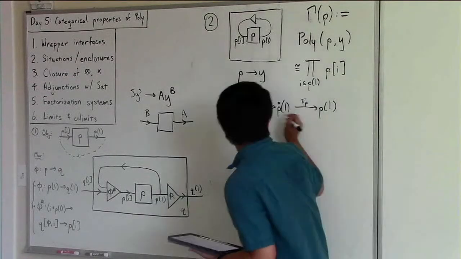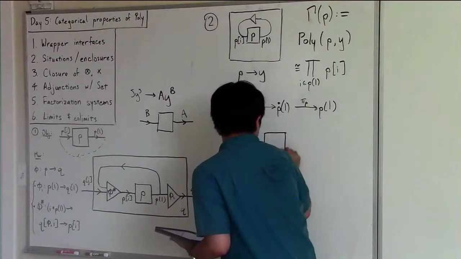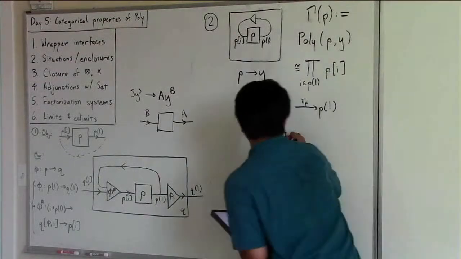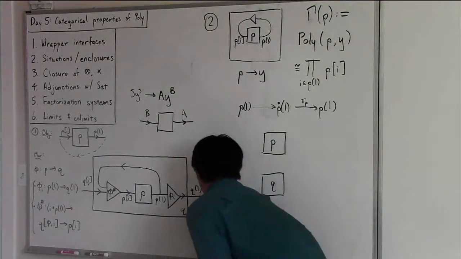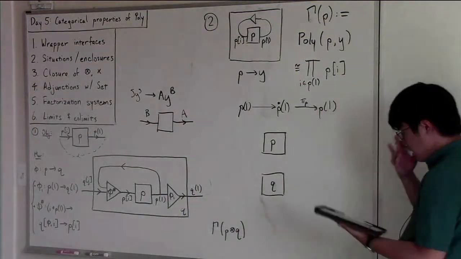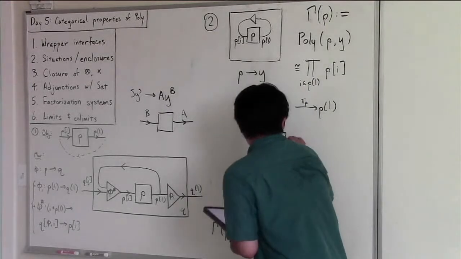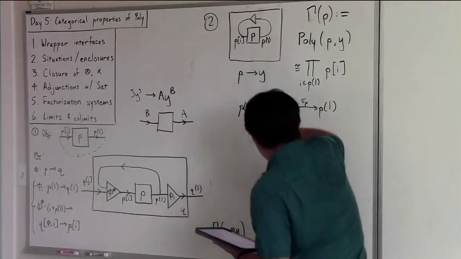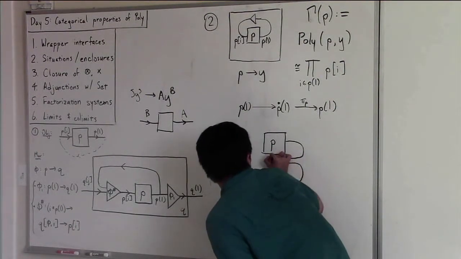If we had two systems next to each other, P and Q, this would be P tensor Q. If we think about one possible way of sending P tensor Q to Y, the positions of P tensor Q are just pairs of positions of P and Q, so they're pairs of outputs of P and Q. Instead of just one of their positions, we're sending each pair of their outputs to this function here.